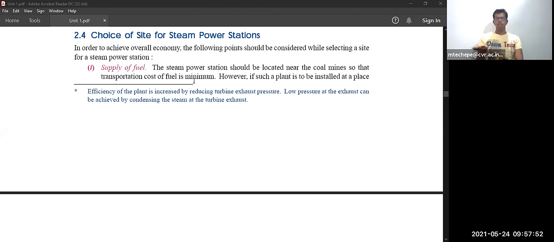Lorries, 100 lorries means one load minimum 10,000 rupees, say for example. 100 lorries into 10,000 means it will come in lakhs.